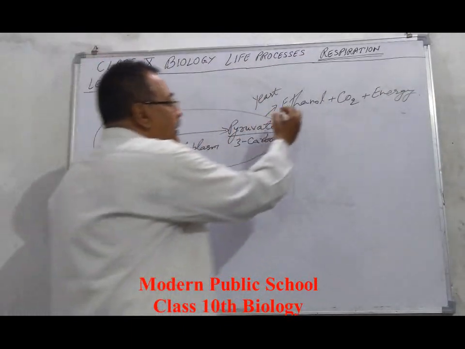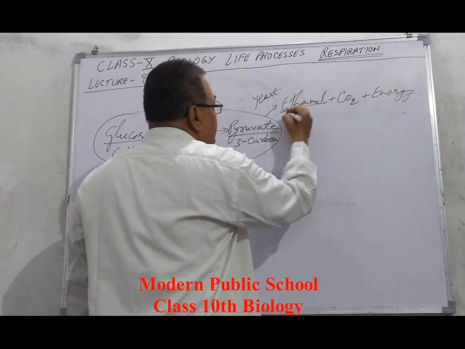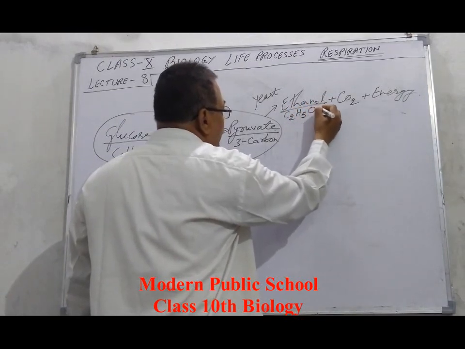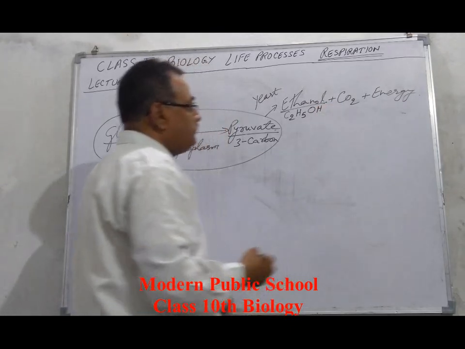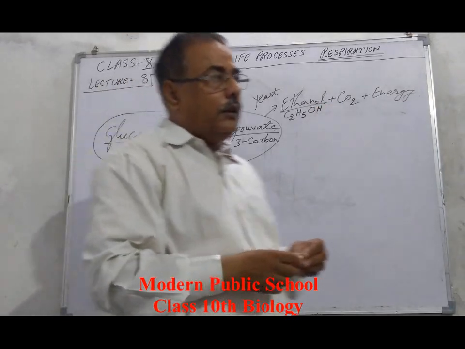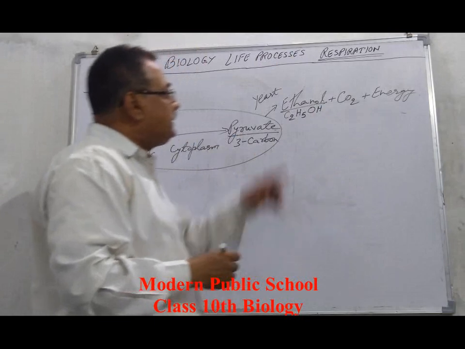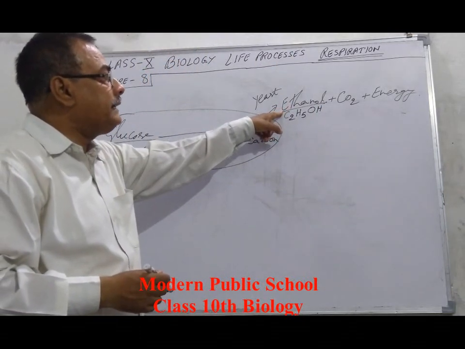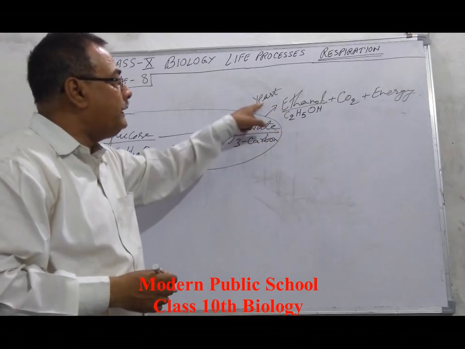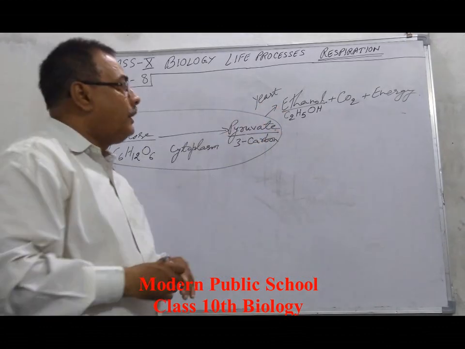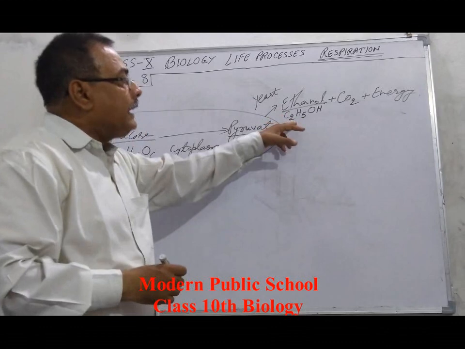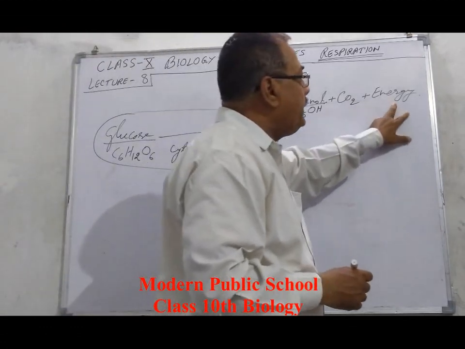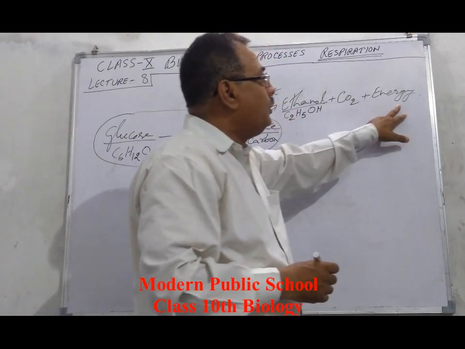Ethanol C2H5OH. Here, ethyl alcohol is formed. Ethanol means ethyl alcohol. If it takes place in yeast, it is anaerobic respiration. Here, the energy will be of a very low amount.